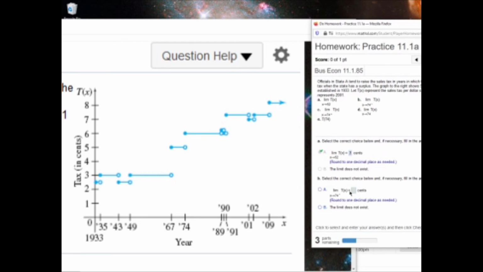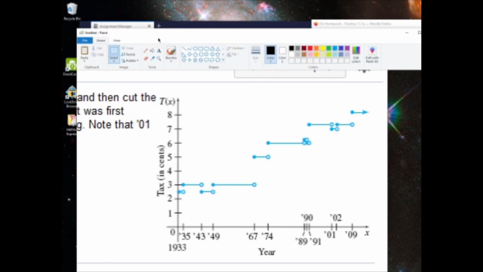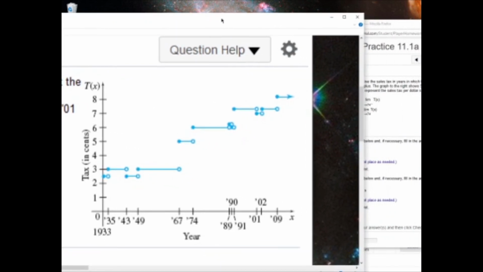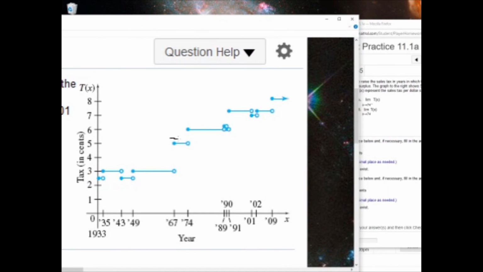Let's check out part B. So now we're going to go to 74 from the left. So here's year 74. You can see there's a break at 74. So we don't have a continuous line anymore. There's a break. And we're going to approach 74 from the left. So that means right here, we're approaching 74 from the left.